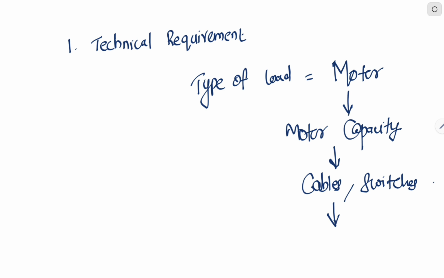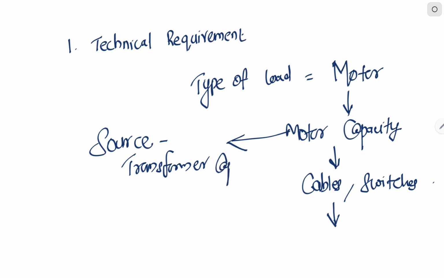Then again, based on the motor capacity, we have to choose the source. That means the transformer capacity. If the load is being run through a generator, we have to design the generator capacity also.